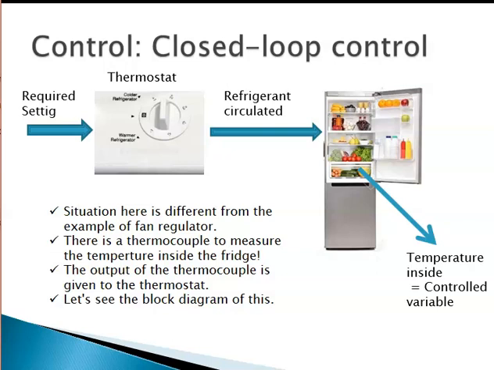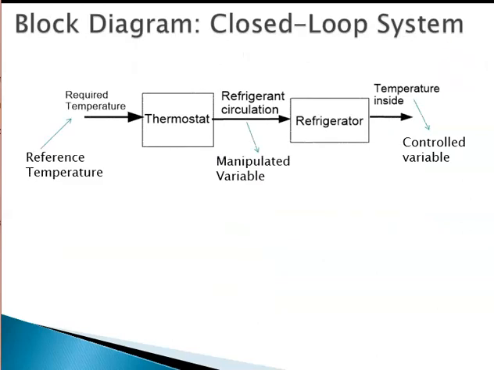Let us say at each 1 second interval, the thermocouple measures the temperature and gives it back to the thermostat. The thermostat on its own will decide what to do next and issue a command signal for the refrigerant to be circulated. We'll try to see it in the form of a block diagram.